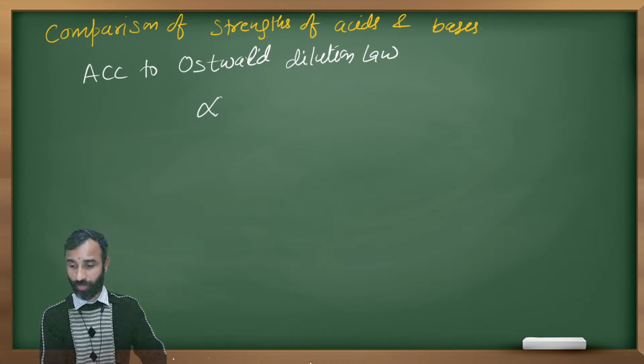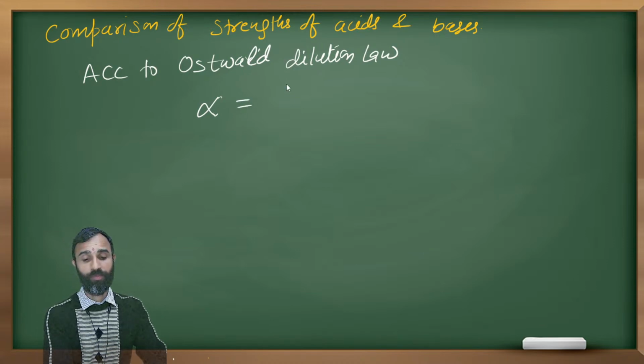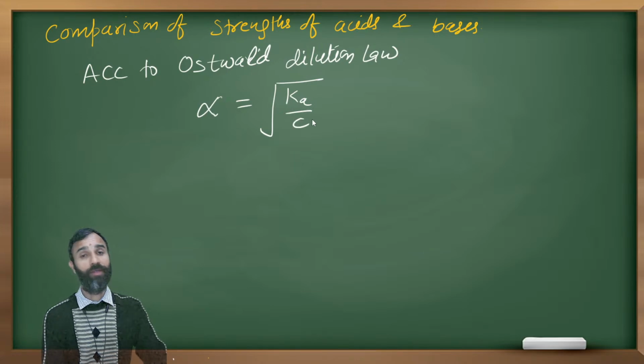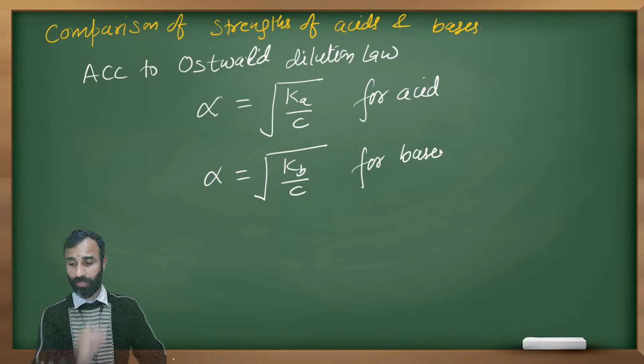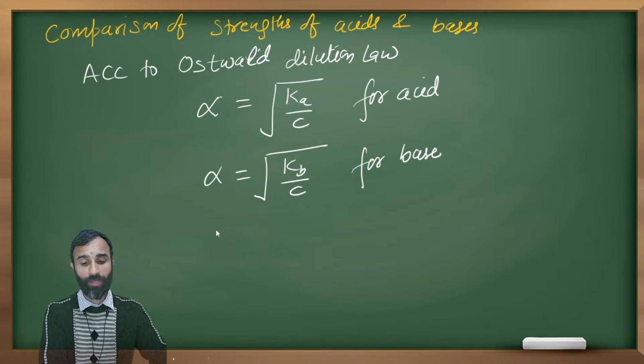What is degree of dissociation? It is equal to square root of Ka over C for acid, and it is equal to square root of Kb over C for base. What is Ka and Kb?